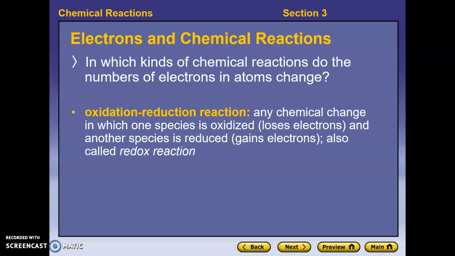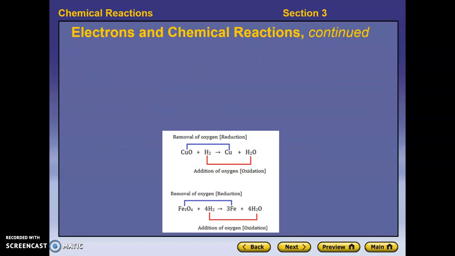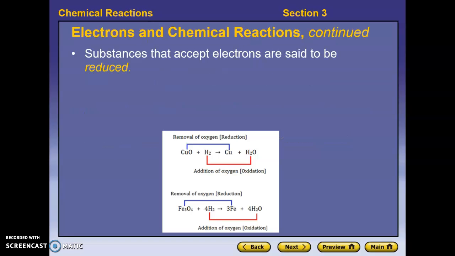The letters L-E-O are the Leo part, and the letters G-E-R are the ger part. So L-E-O, Leo, losing electrons is oxidation. G-E-R, ger, gaining electrons is reduction. And for me, that is very helpful in remembering what has happened.